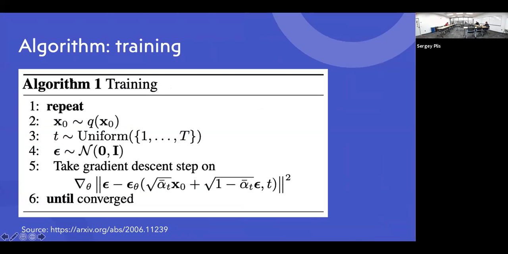Cool. This is their training algorithm. You first sample your X0 from the data you have. Then you take a uniform T between 1 and big T. You sample this epsilon parameter from a normal distribution, and then you take these gradient descent steps. At this point it looks pretty simple.